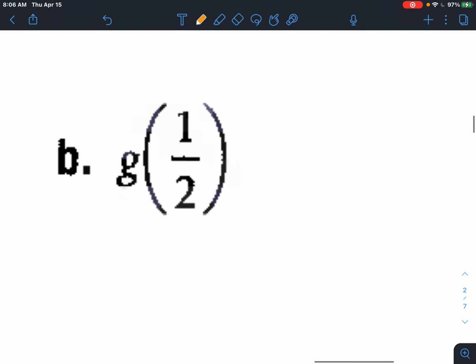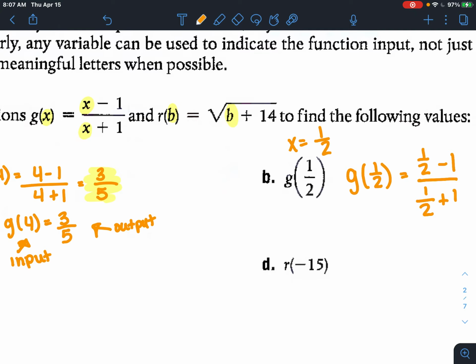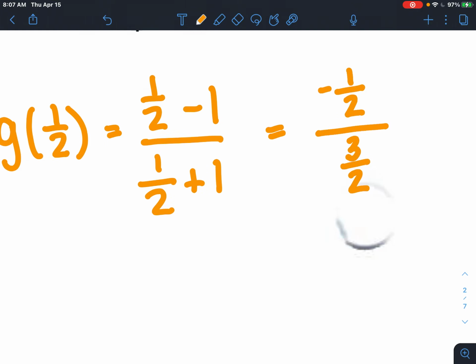Okay, what happens for g of 1/2? So I'm going to go back to the function g and plug in 1/2 for x. Oops, why did I write a negative? 1/2. So g of 1/2 equals 1/2 minus 1 all over 1/2 plus 2. So that will equal negative 1/2 on top, and on the bottom 5/2.